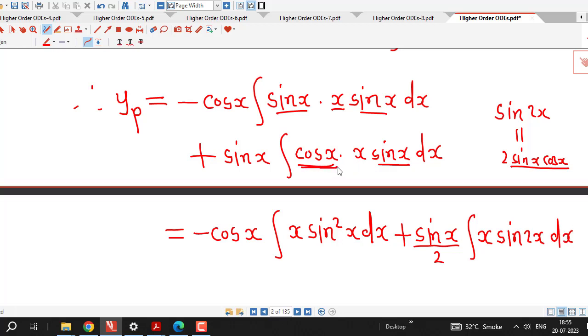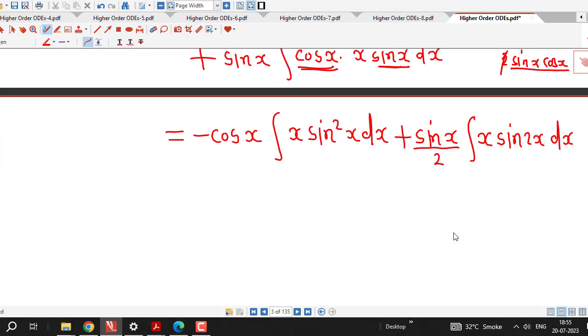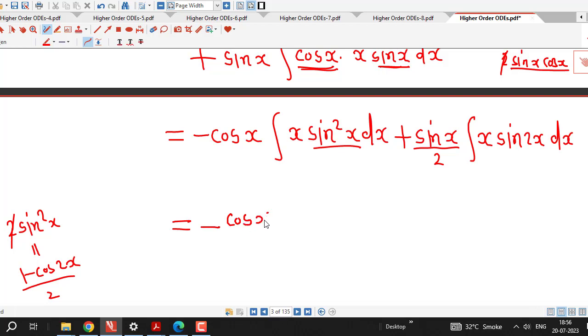I am replacing the product sin x into cos x by sin 2x by 2, and I take 1 by 2 outside the integral. Now to integrate this, I have to again use a formula. We know that 2 sin square x is equal to 1 minus cos 2x. Therefore sin square x can be replaced by 1 minus cos 2x by 2, and we can take 2 outside the integral.